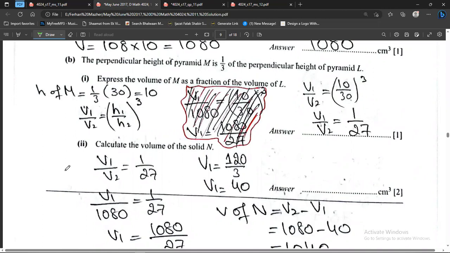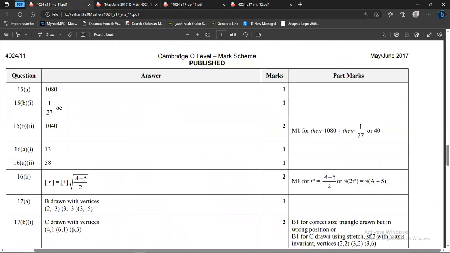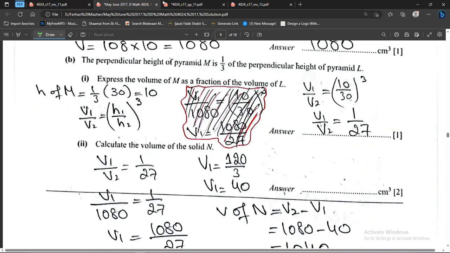Now volume 1 by volume 2 is the ratio, so it will be height 1 by height 2 whole cube. So V1 by V2 equals 10 by 30 whole cube, and the zero will be cancelled, so 1 by 3 whole cube, and that will be 1 by 27. So the ratio of the volumes is 1:27, or 1 by 27 is the right answer, sir.